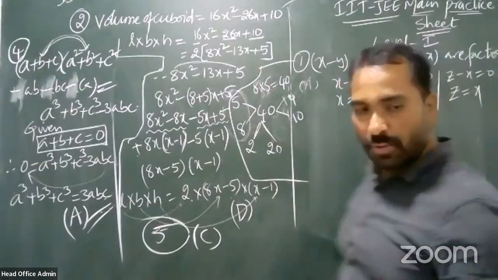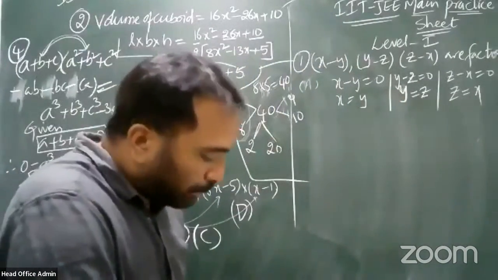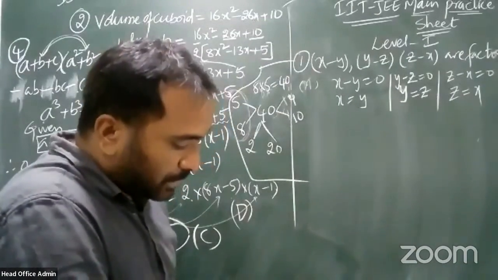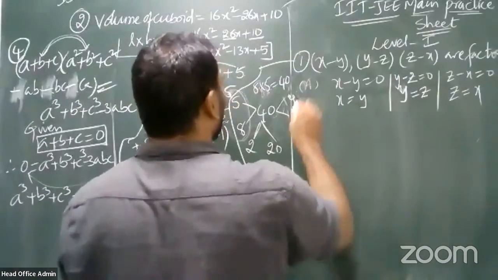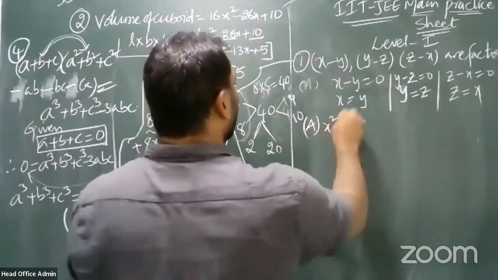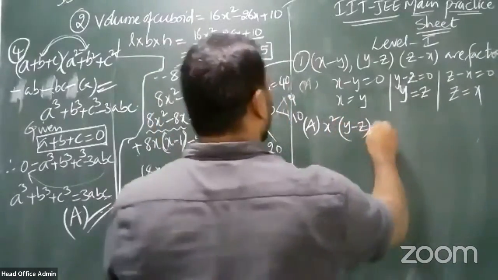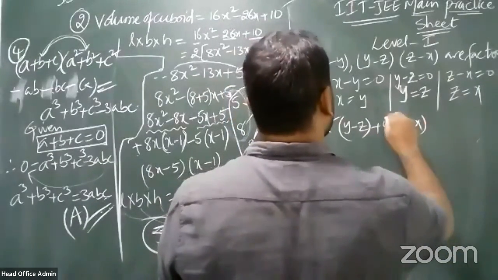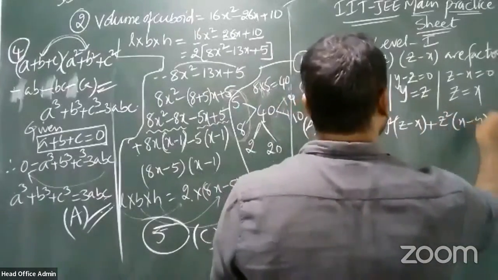If you observe in the options, in place of x, if I keep y, suppose option A is x square into (y minus z) plus y square into (z minus x) plus z square into (x minus y).